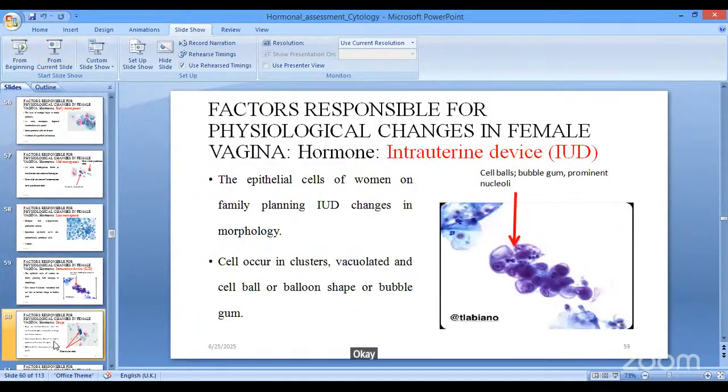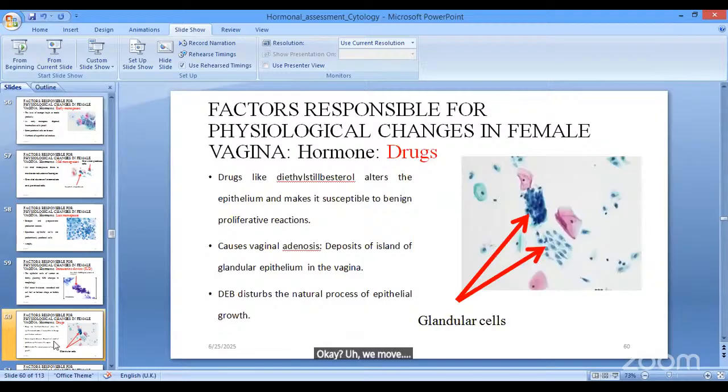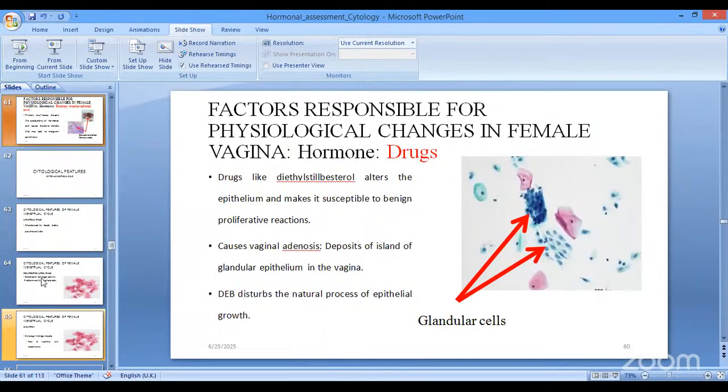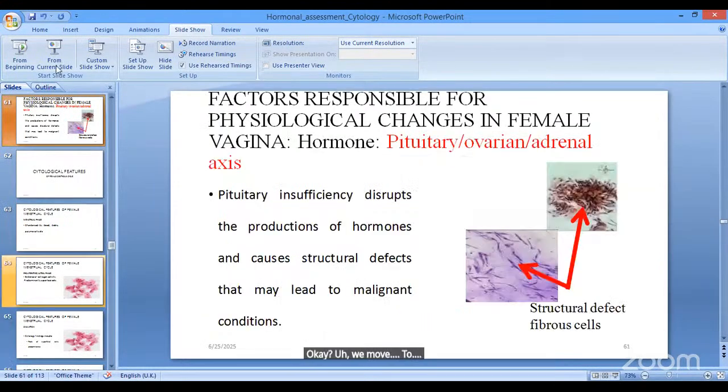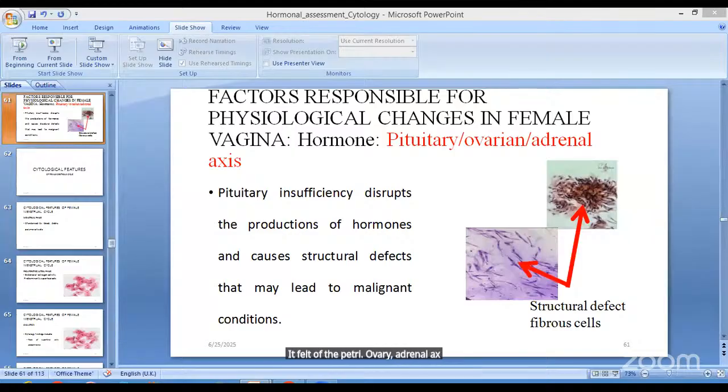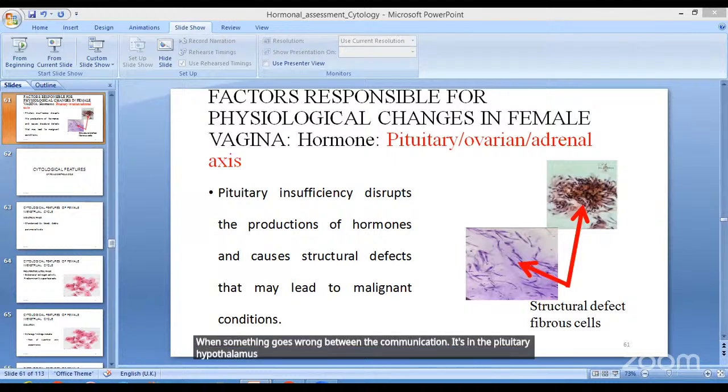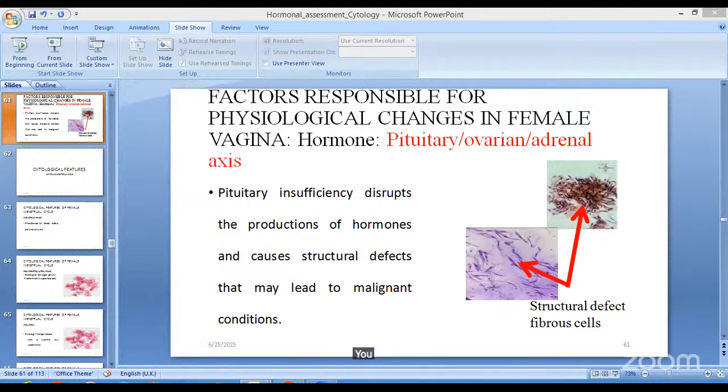Okay, we move to the effect of the pituitary ovary adrenal axis. When something goes wrong in the communication between the pituitary hypothalamus and the gonads, you can have structural defects as shown on this slide.